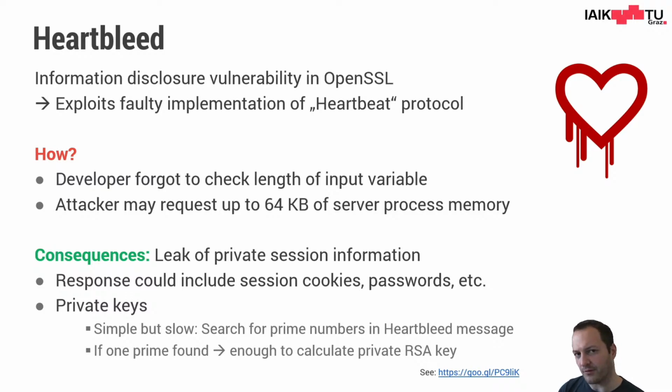How did it happen? Developers simply forgot to check the length of an input variable. And this allowed an attacker to simply request up to 64 kilobytes of code in the process memory. And if this was exactly in the memory, for example, a private key or something sensitive, then this might get leaked. So the response could simply include session cookies, passwords, private keys, and you could also try to get this out.